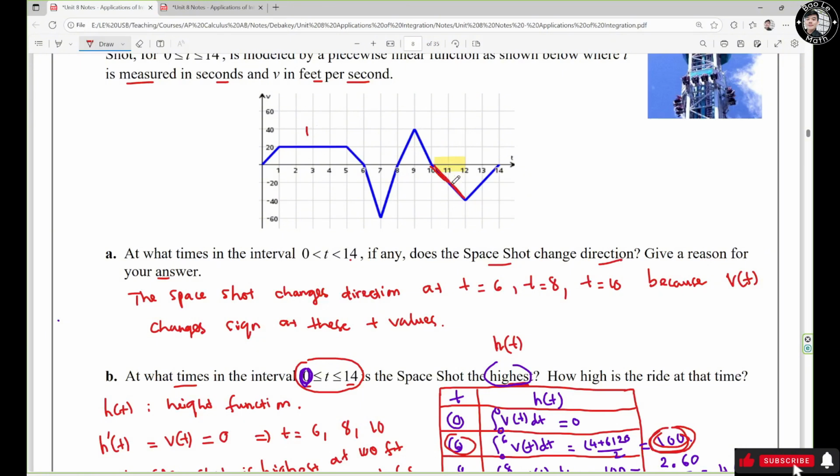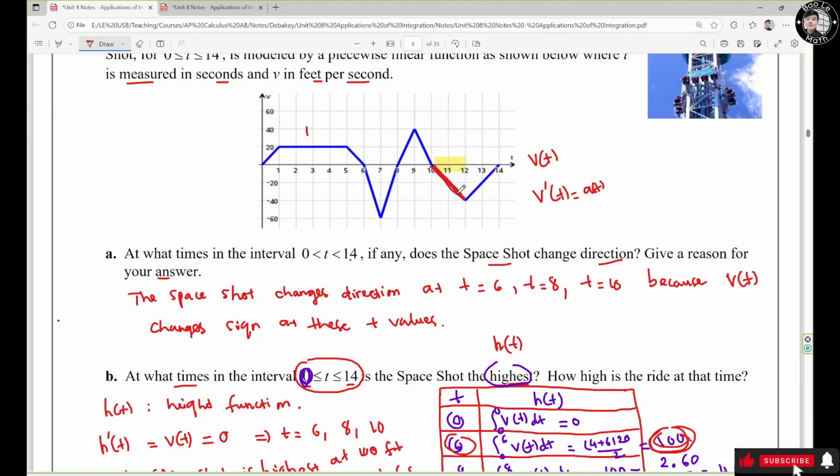Now remember, this one is the velocity function, right? So if you take the first derivative of this one, it's going to be the acceleration, right? But the first derivative of v of t is actually the slope of the function v of t, right? So you need to find the slope of this one, right?